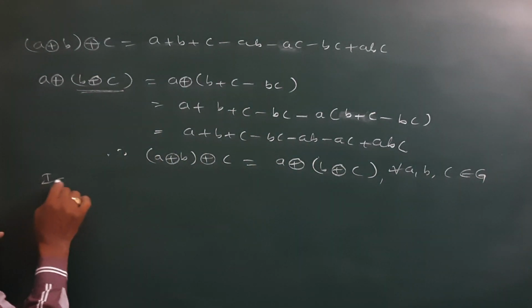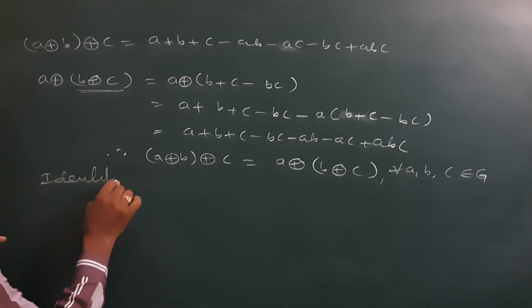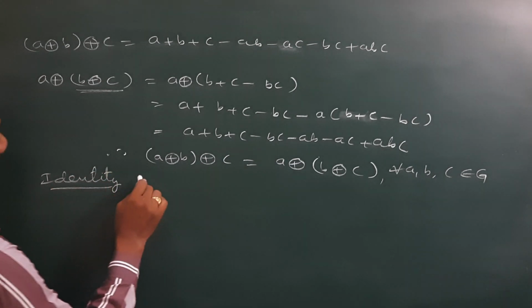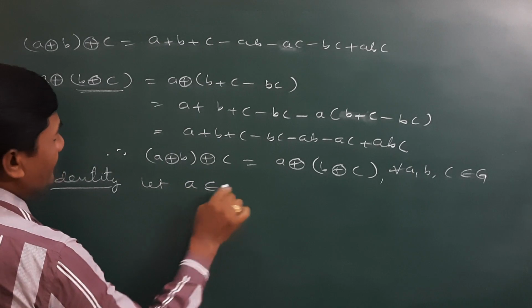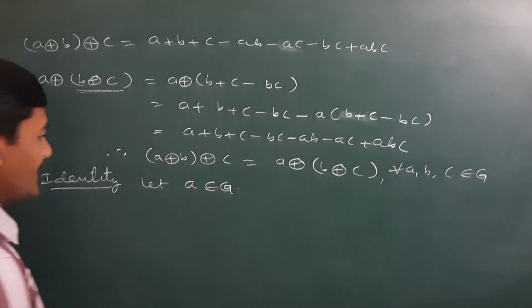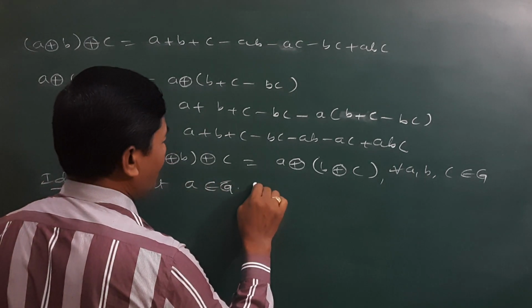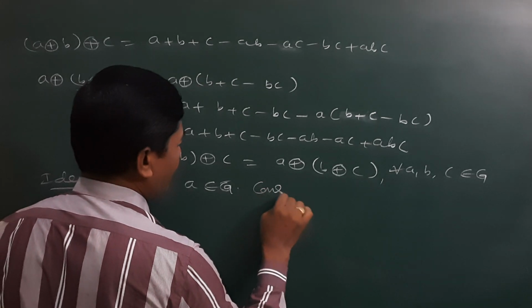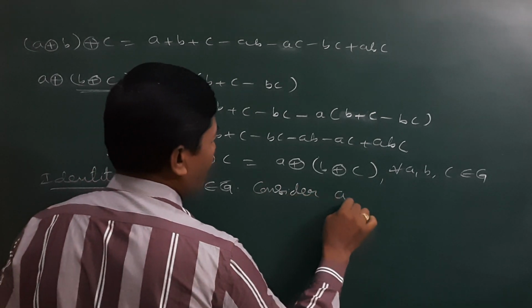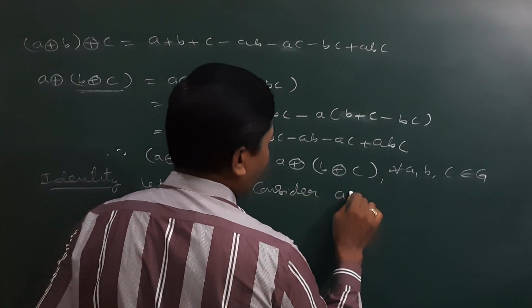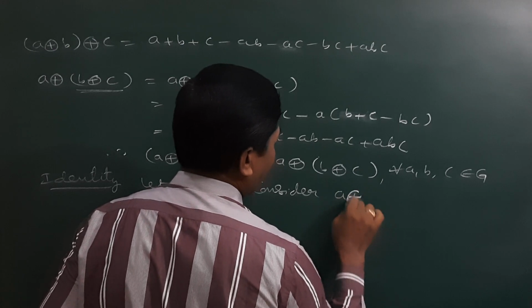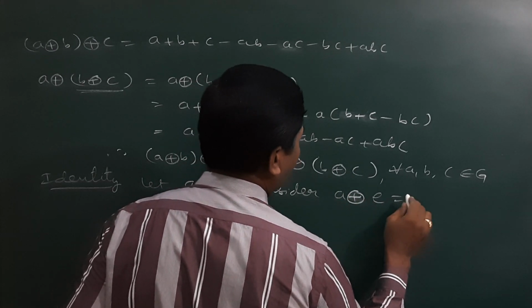Another is identity. Let a belong to G. Now let us consider a ∘ e is equal to a.